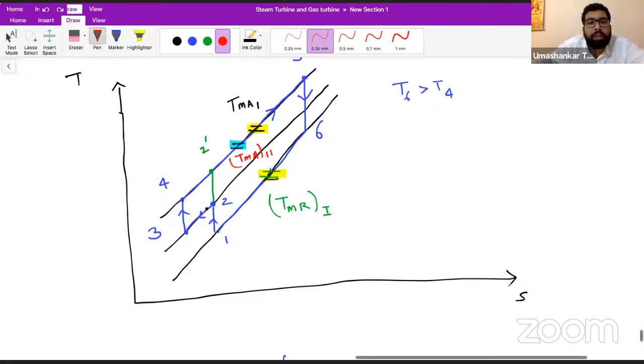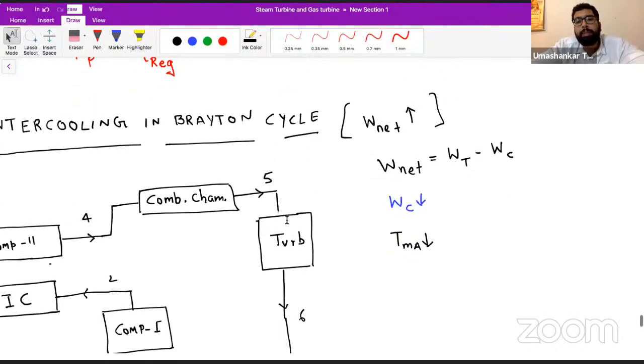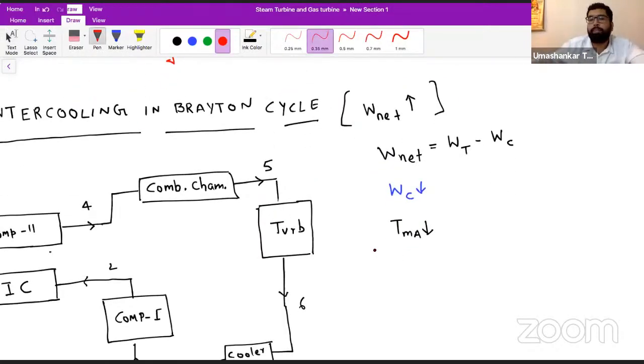So heat rejection is taking place at those two places. If you take the average of these two, certainly this TMR2 is also going to get decreased. So this is not the same, but the mean temperature of heat rejection will also decrease.